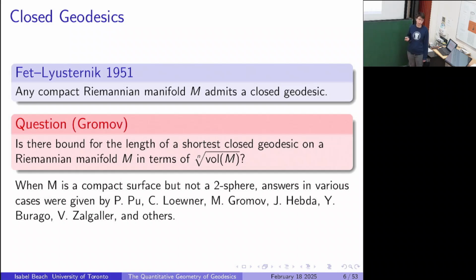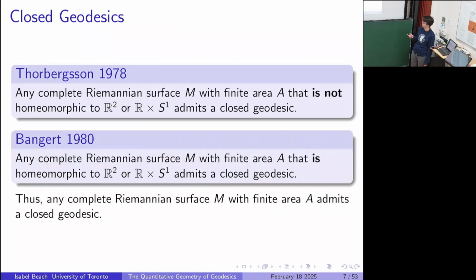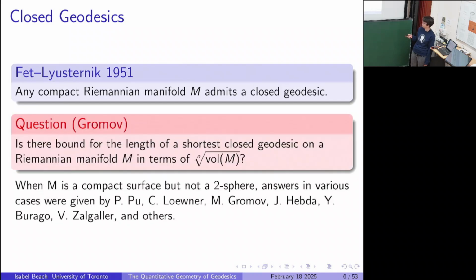If you're considering a non-contractible geodesic on a compact surface, this is the purview of what's called systolic geometry. Many people have proved very beautiful theorems in this field, so I'll just name some names here: Pu, Loewner, Gromov, Hebda, Burago, and Zalgaller, and many others. Of course, this is only when it's not a sphere, but we just saw the sphere case earlier.